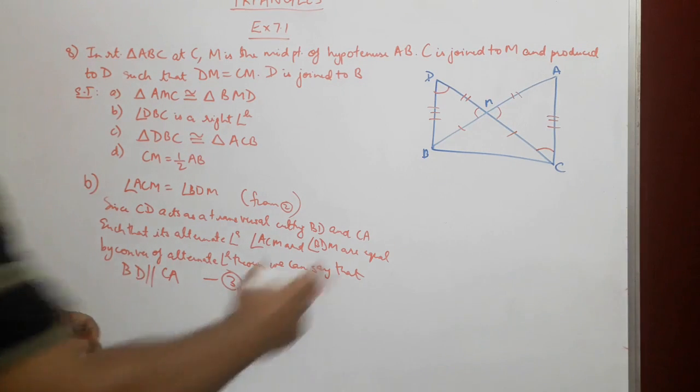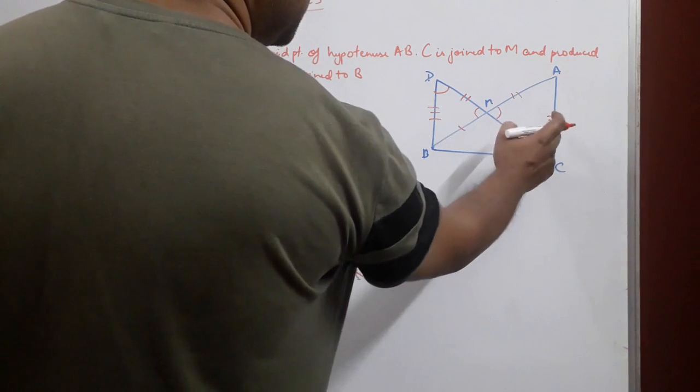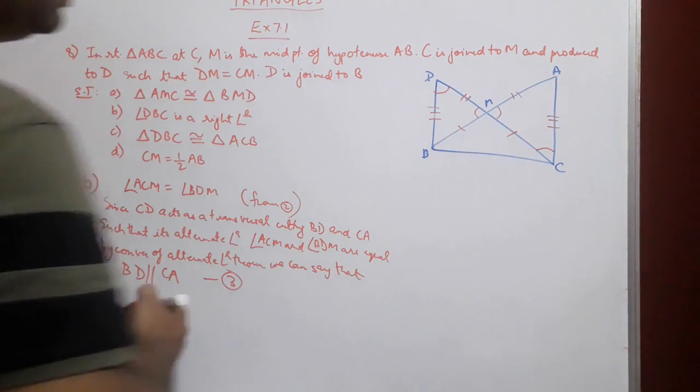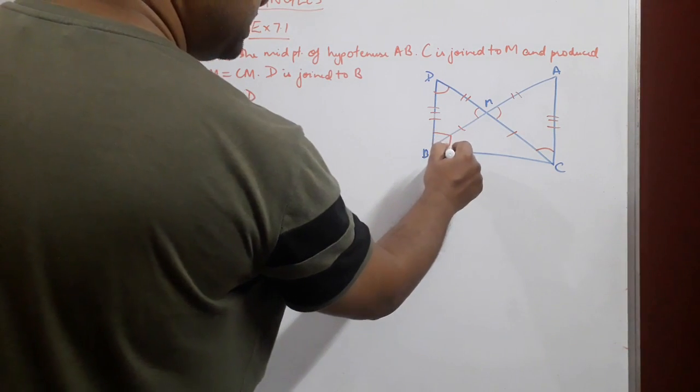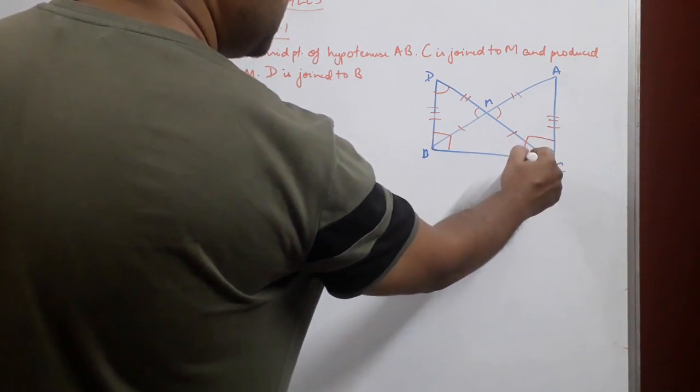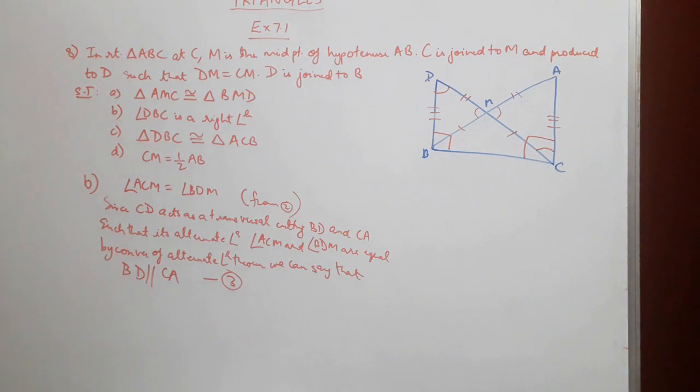Now that we have got these two as parallel lines, that means this angle plus this angle will be equal to 180 degrees, as interior angles are supplementary in this case.